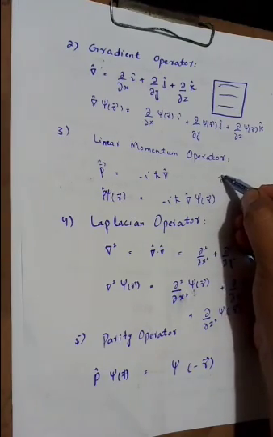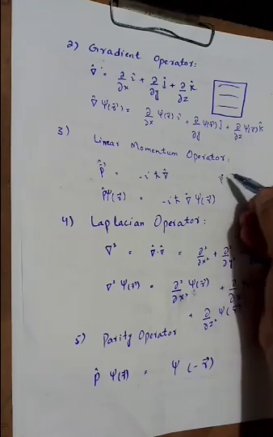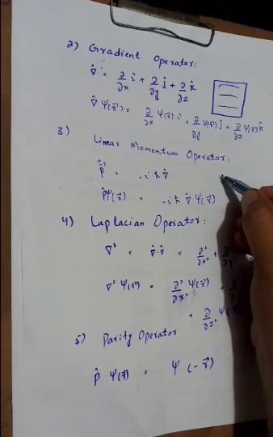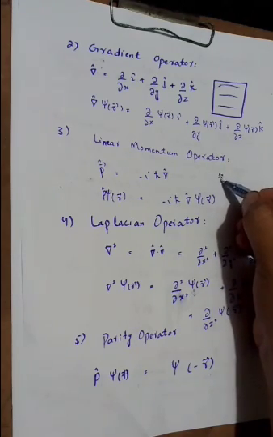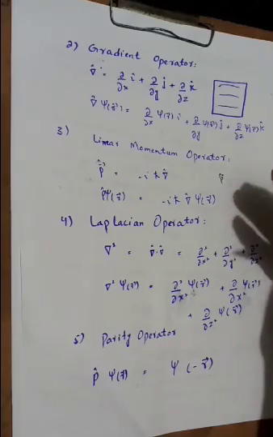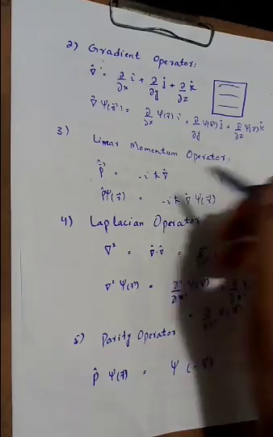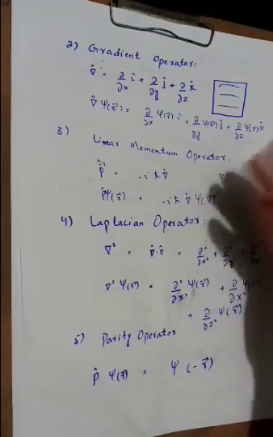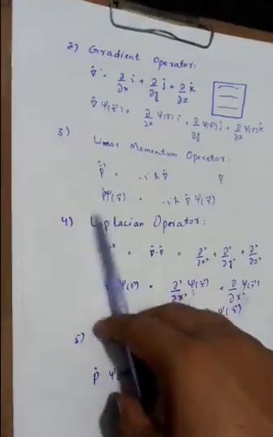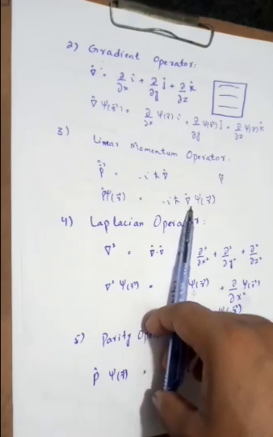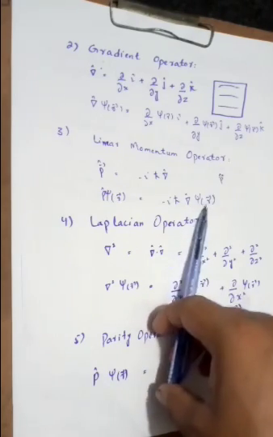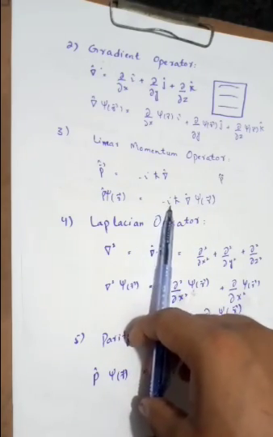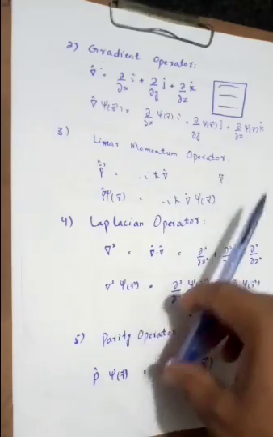We represent the linear momentum by p, and we define the linear momentum operator just by putting a hat over the symbol or the letter of this observable, which is equal to minus iota h bar del hat, or del operator. So p operates just like del operates on the vector psi, being multiplied by minus iota h bar.